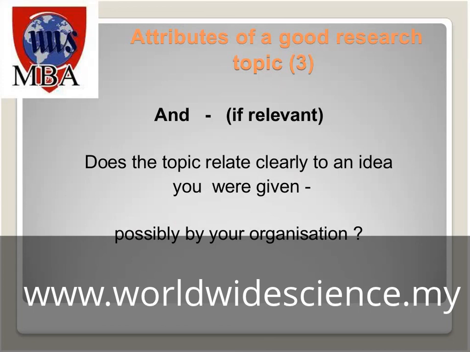And the first point, that the topic relates clearly to an idea you were given, means that sometimes you have one idea and then change it to the topic, but when you do the topic, after a few chapters you think, okay, this topic is far from my first idea, so this is not good. You should choose a topic that relates clearly to your idea of doing this research.